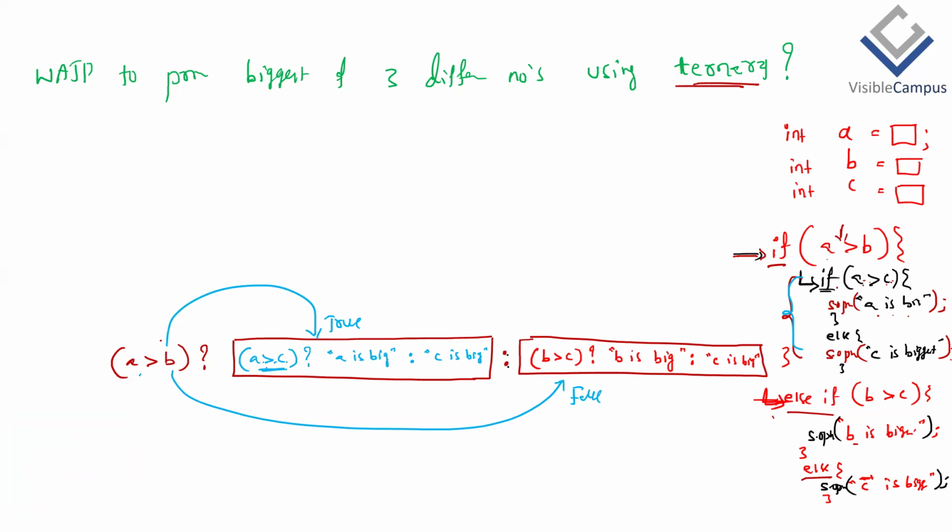Colon, so here also we are using it. This entire thing you write in one print statement, then it is a one-line program for biggest of three numbers. Now you're feeling it is difficult, right? That's why ternary is tough.